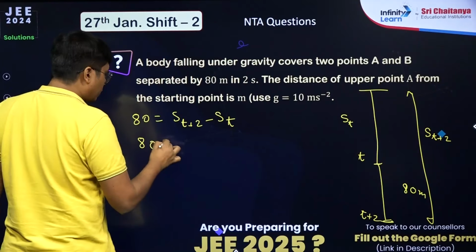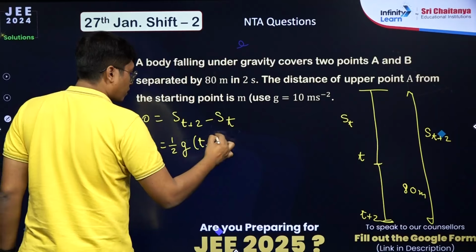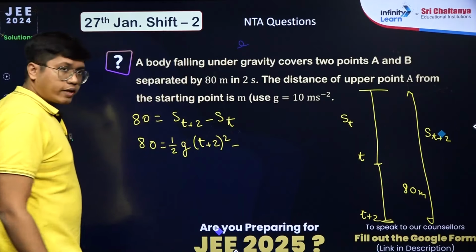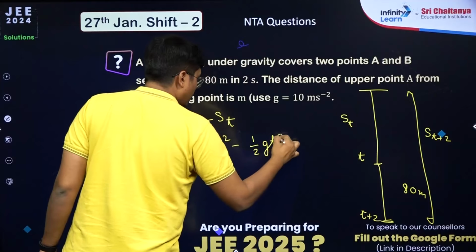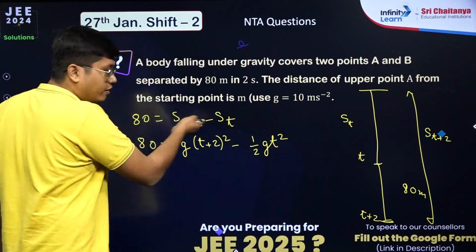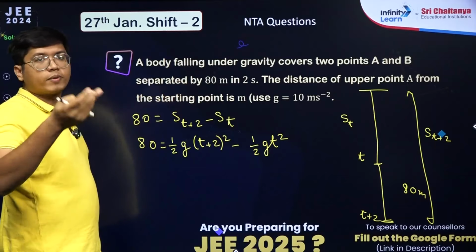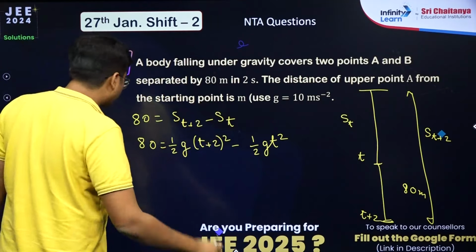So 80 is equal to half g into t plus 2 whole square minus half gt square, right? Because it is technically ut plus half gt square, released from rest, so u is 0. So we can directly do half gt square for each of them.